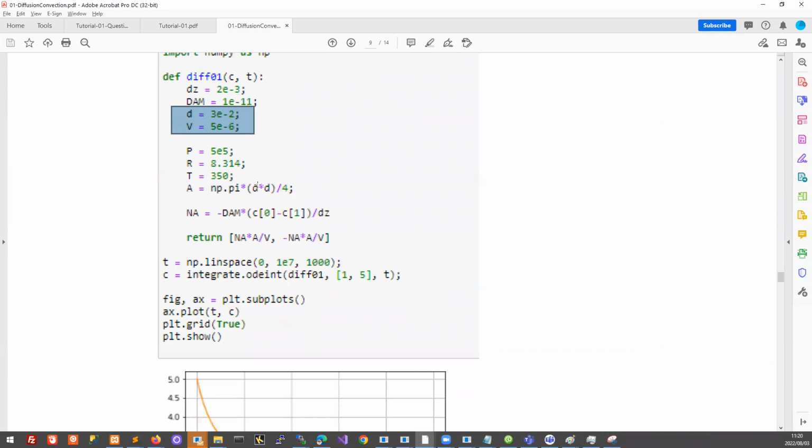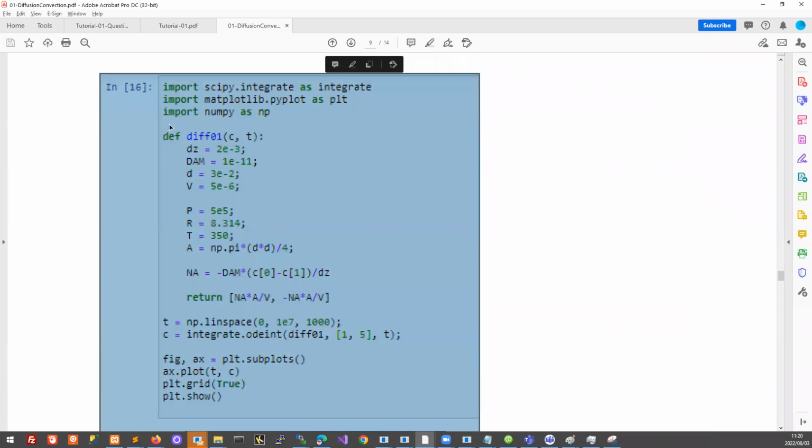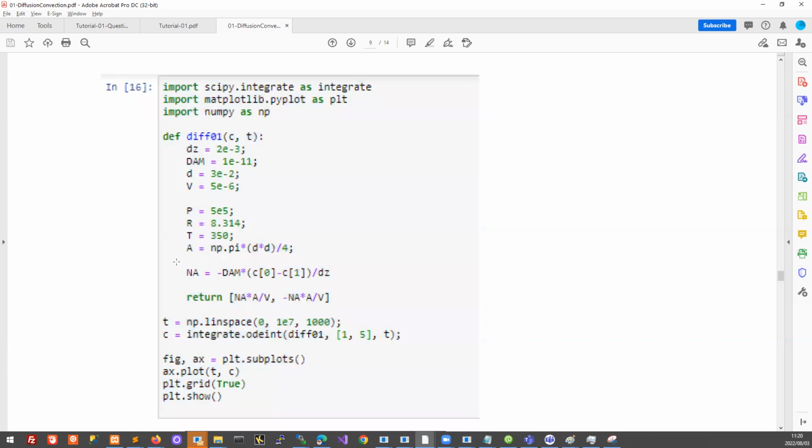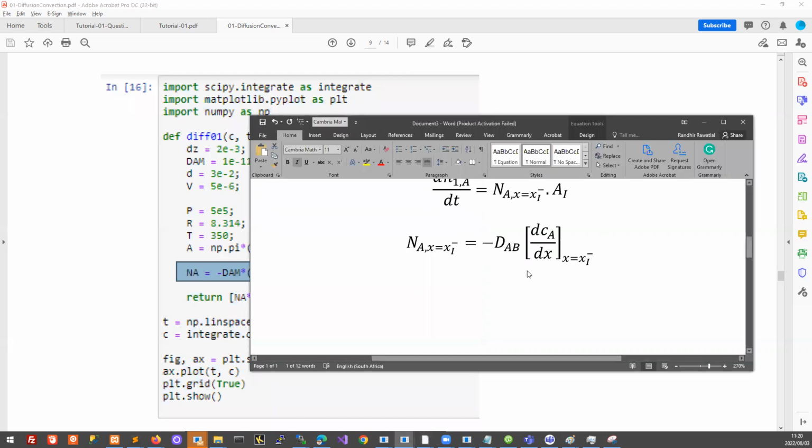So anyway, here, this is the differential equation that we are trying to solve here. So at the interface, we have this molar flux. And in our equation, we have estimated this to be the difference in concentrations on both sides.